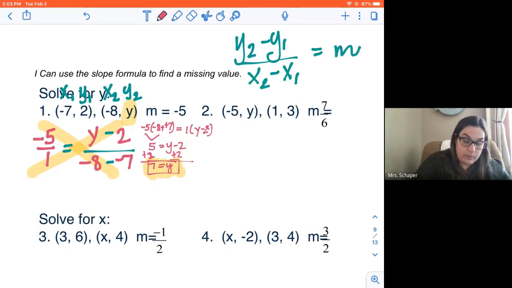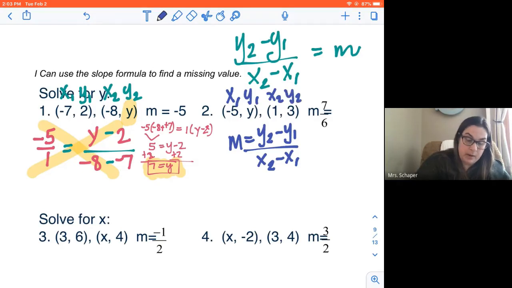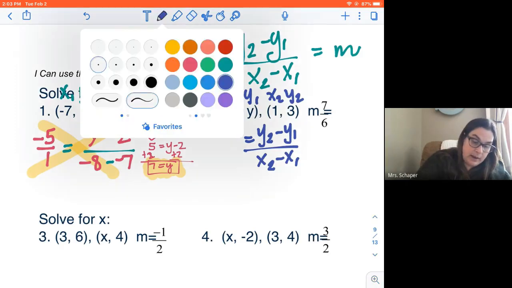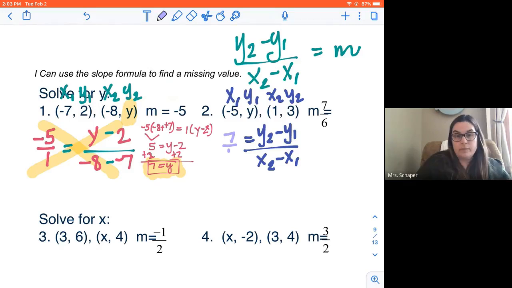I'm going to, again, write out my slope formula. M equals y sub 2 minus y sub 1 over x sub 2 minus x sub 1. And I'm going to label each of my points. My m is 7/6, so I'm going to erase the m and write it as 7/6, because that's what it tells me my m is.